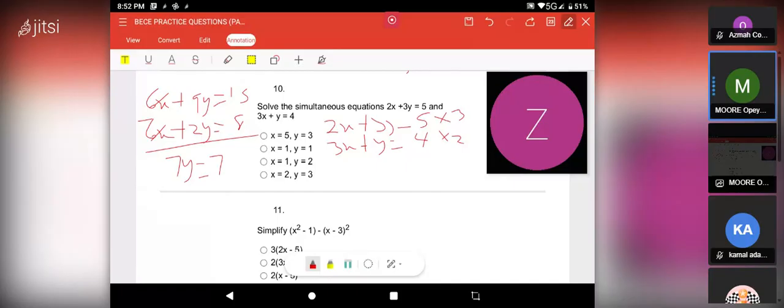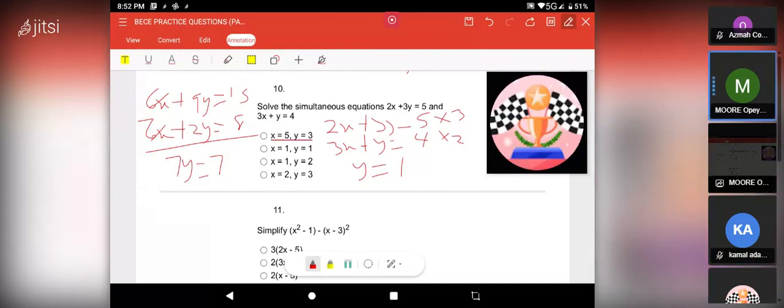So from what we have done now, y equals 1. If y is 1, what is x? That is 3x equals 4 minus 1. x is also 1. Okay. So x is also 1, not this one. x is 1, y is 1.